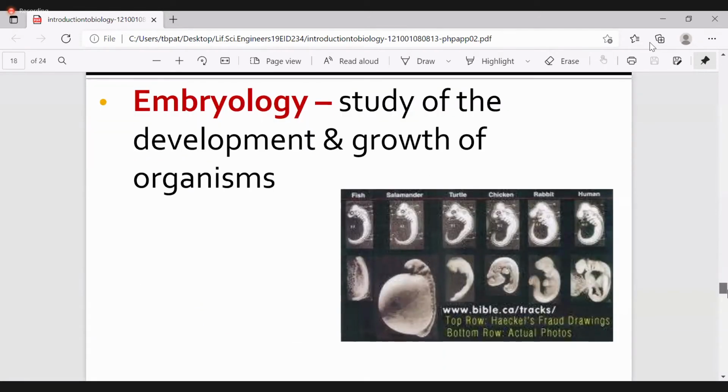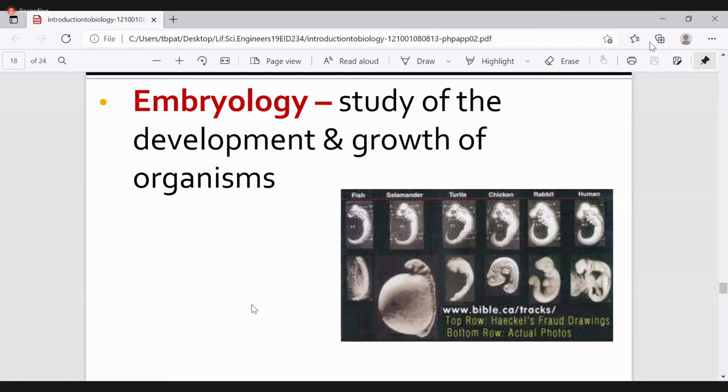Next is embryology, the study of development and growth of organisms. For each and every animal, the embryological development is different and takes some time. Someone is 9 months, someone is 22 to 24 months in elephants.